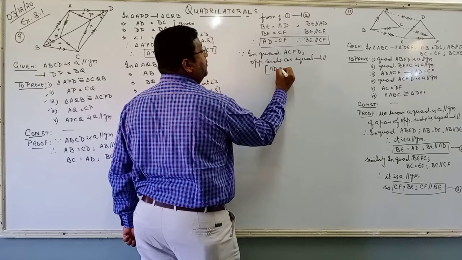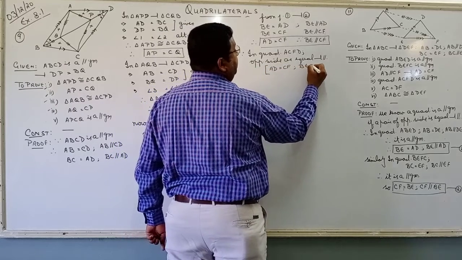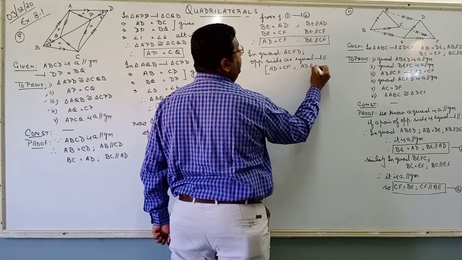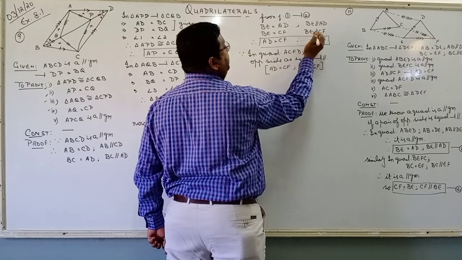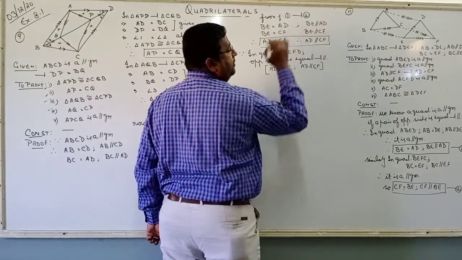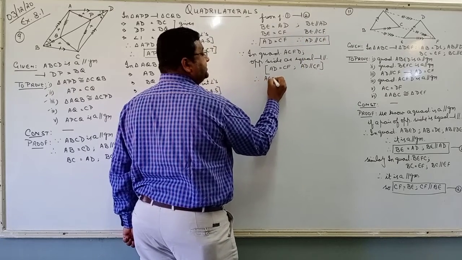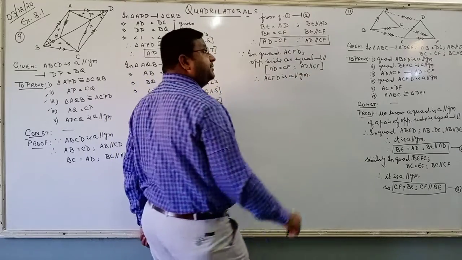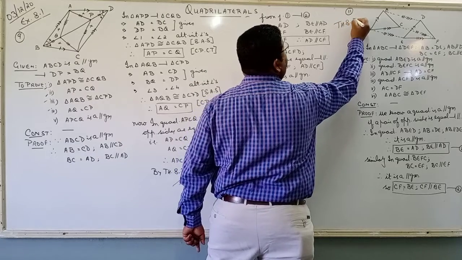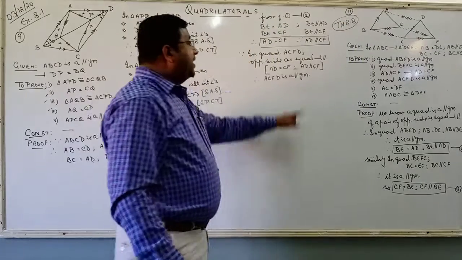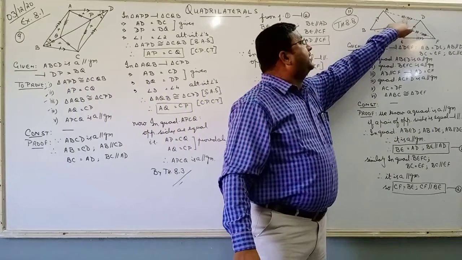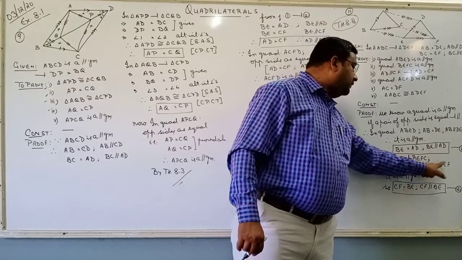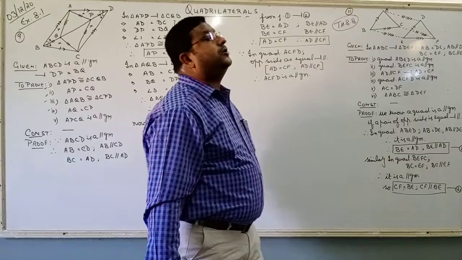Reason: AD equal to CF, AD parallel to CF. Right? So therefore, ACFD is a parallelogram. By which theorem? Theorem number 8.8 of your textbook: if a pair of opposite sides is equal and parallel, then it is a parallelogram.